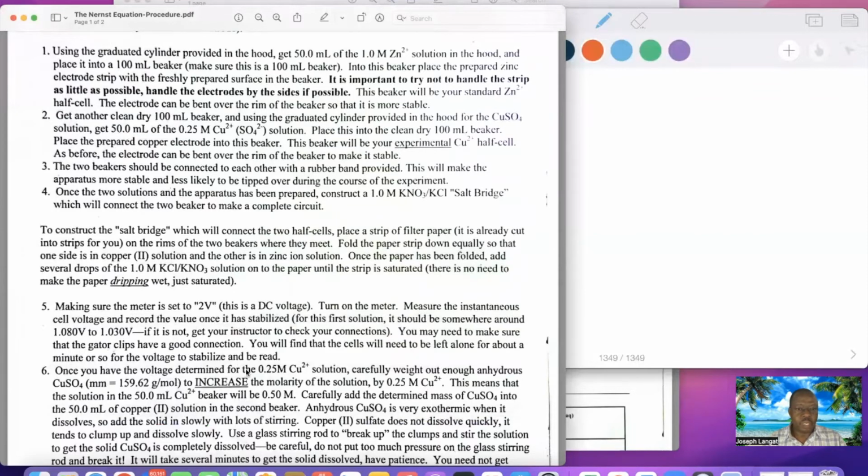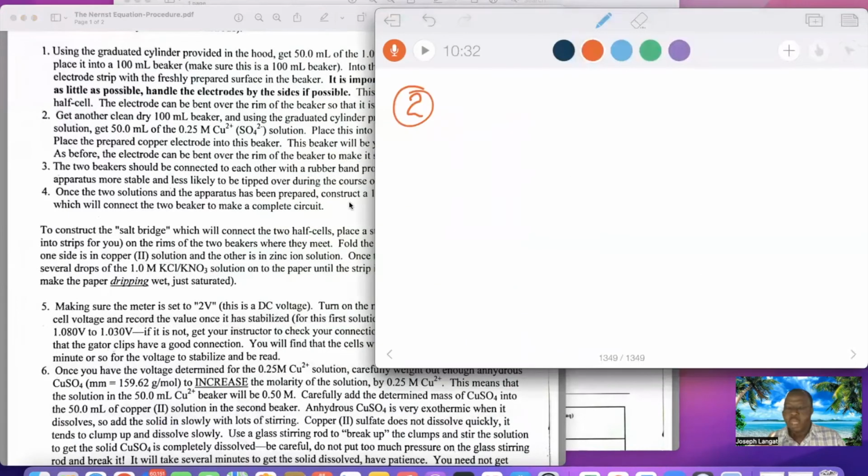Once you have the voltage determined for cell number one, carefully weigh out enough anhydrous copper 2 sulfate, with a molar mass of 159.62, to increase the molarity by 0.25. So cell number 2 here, you need to see how the molarity is increasing from 0.25.